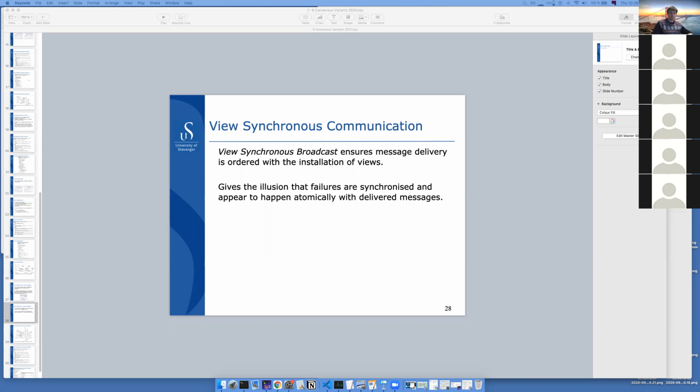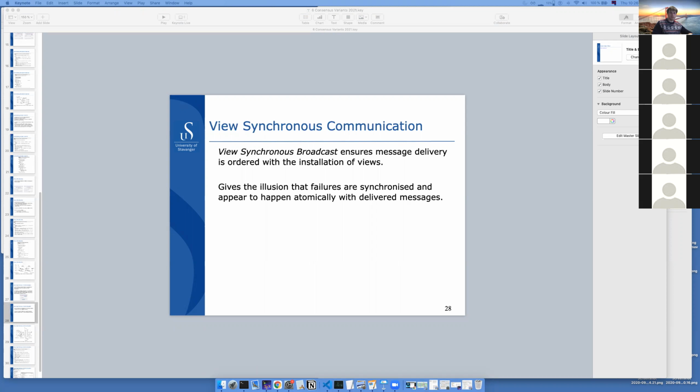So, we were talking about view synchronous communication, or view synchronous broadcast. The idea here is that the view synchronous broadcast ensures that message delivery is ordered with respect to installation of views.